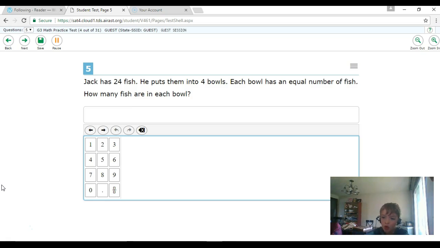It's 6 times 4. Okay, so how many fish is in each one? 6. Okay, now remember what we called that? It's going backwards, so you're dividing the fish, so that's called division, because you're dividing the fish into 4 groups.